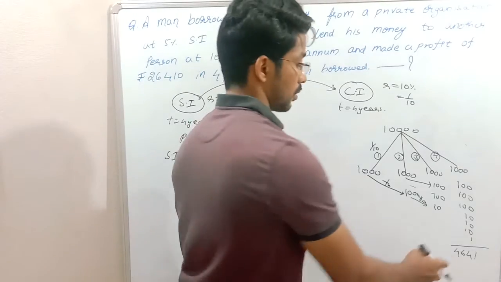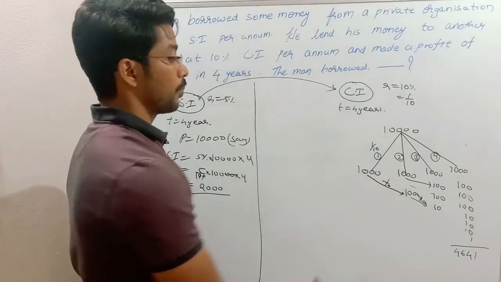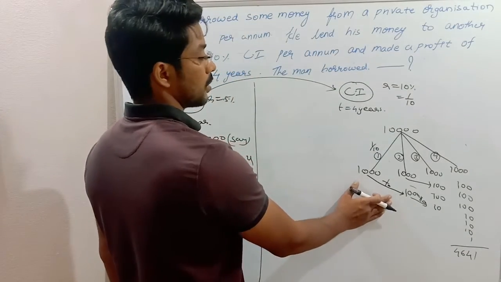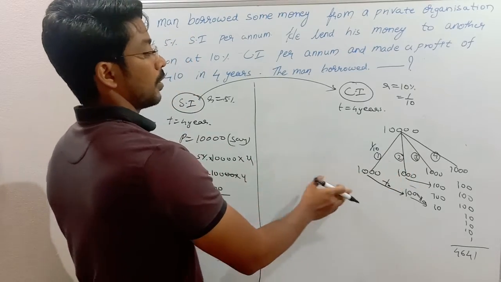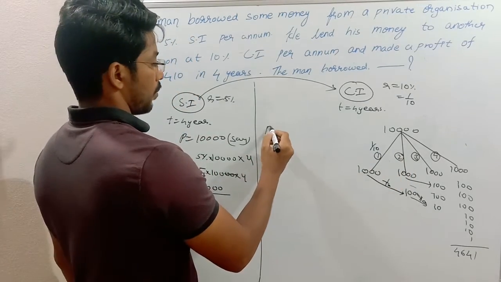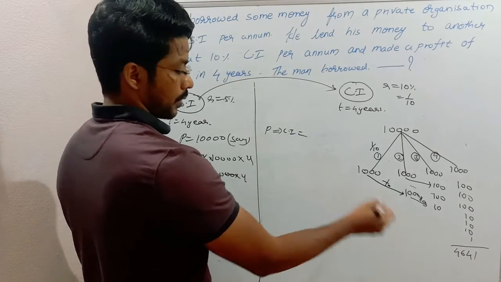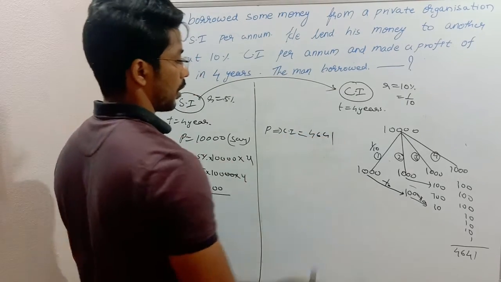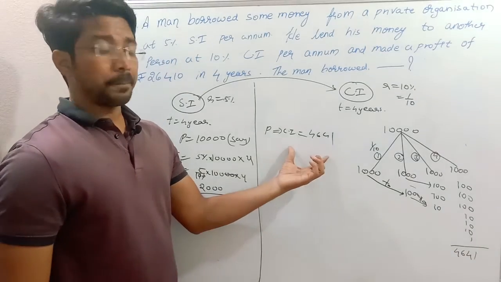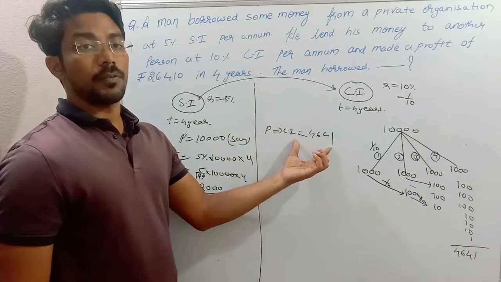So 4,641 will be the profit he gets after 4 years by lending. So the profit obtained as compound interest will be 4,641. But this is not the actual profit.